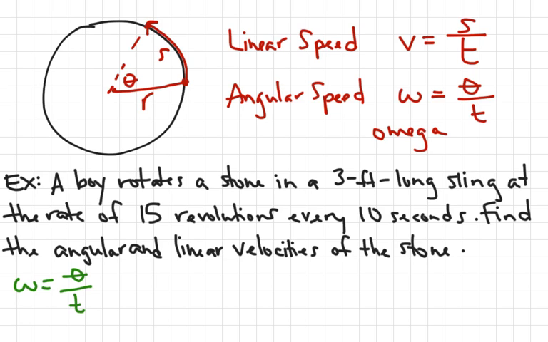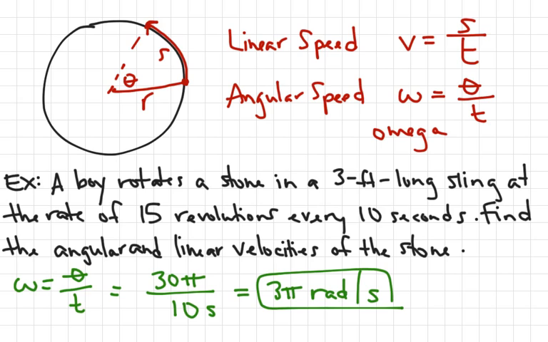So 15 times 2 pi is 30 pi radians. So it goes 30 pi radians every 10 seconds. So what is its angular speed or angular velocity? Well, it's 3 pi radians every second.